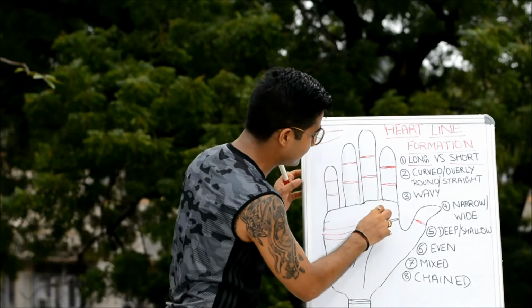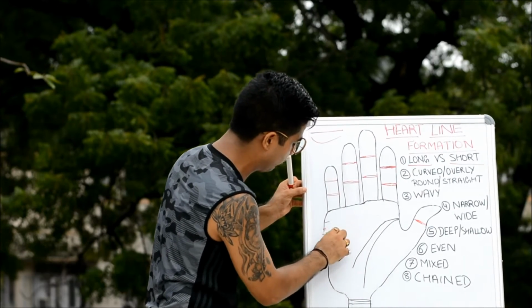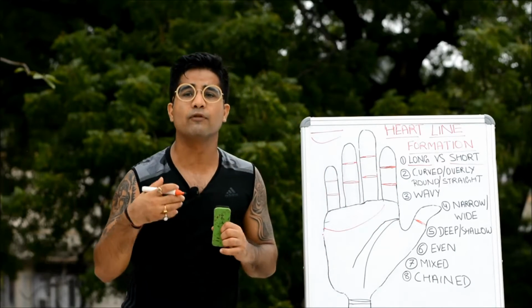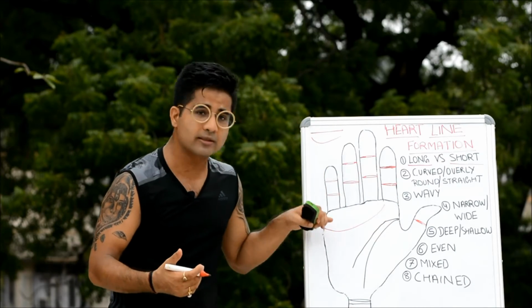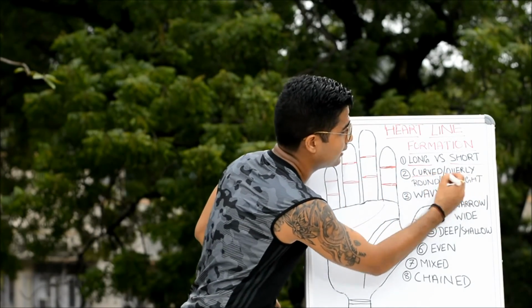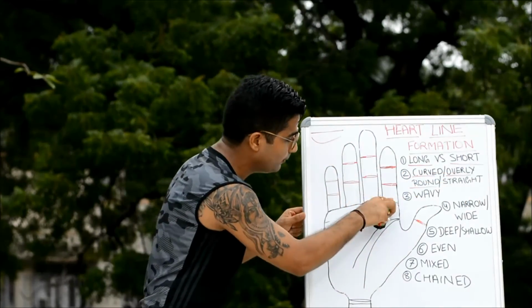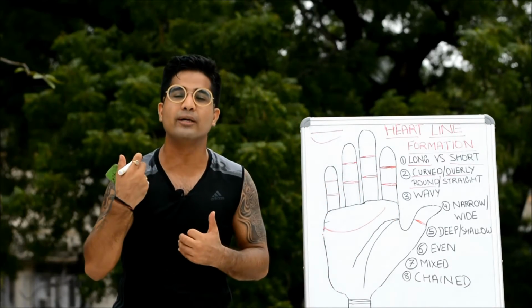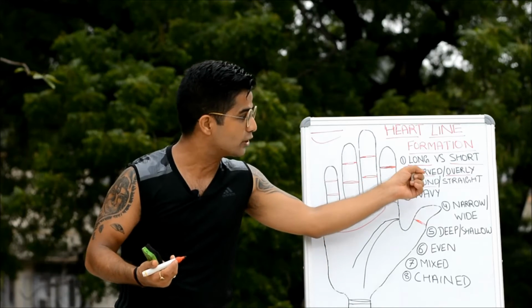Next is, which we have already discussed, the curved heart line. A curved heart line tells about an adaptable, flexible, emotional nature, where the person is concerned about the needs of his partner. Let's say you'll find this line to be overly round. An overly round heart line increases the signification of the curved heart line.